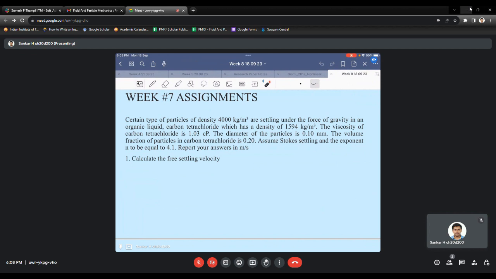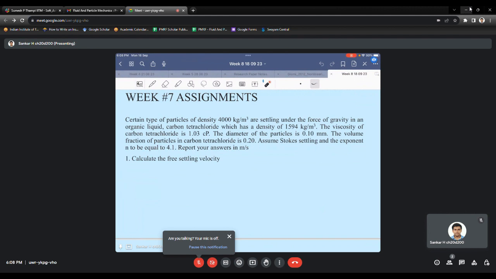The diameter of the particles is 0.1 mm. The volume fraction of particles in CCl4 is 0.2. Assume Stokes settling and the exponent to be equal to 4.1. Calculate the free settling velocity.